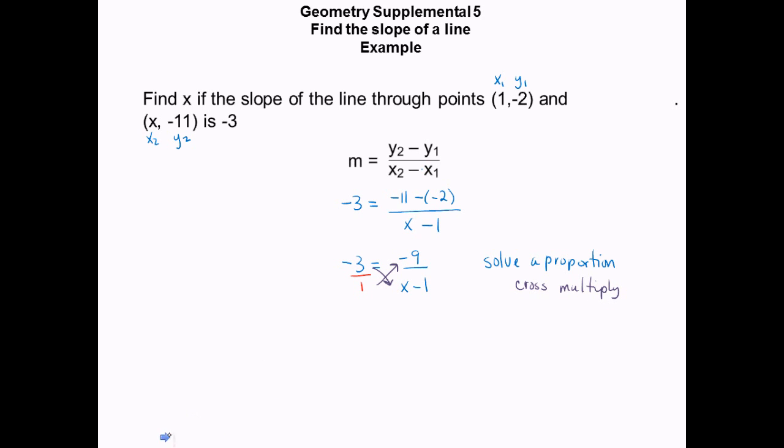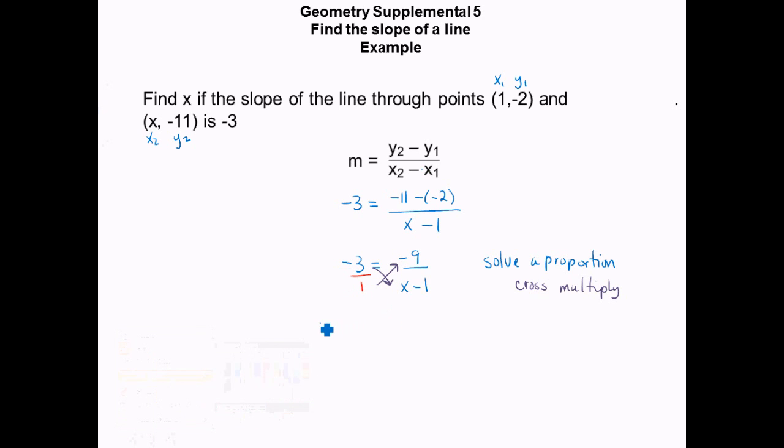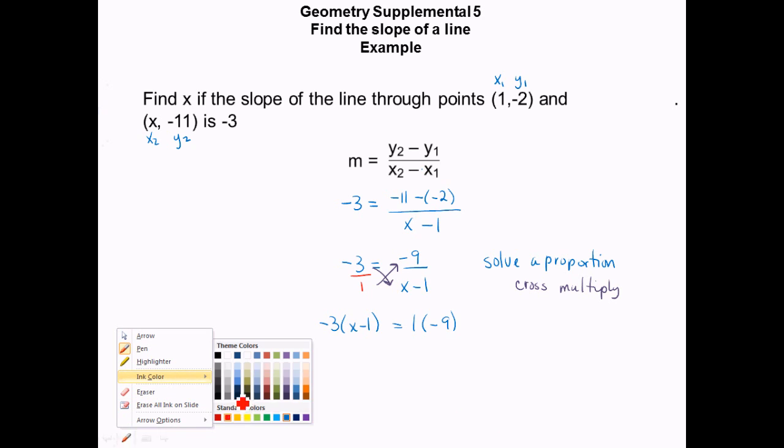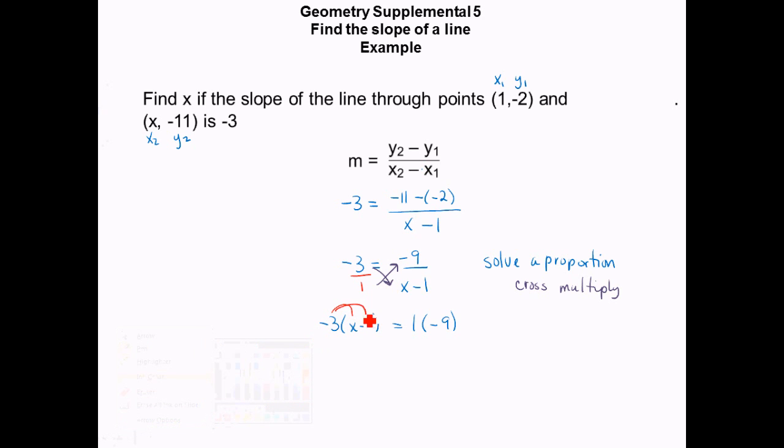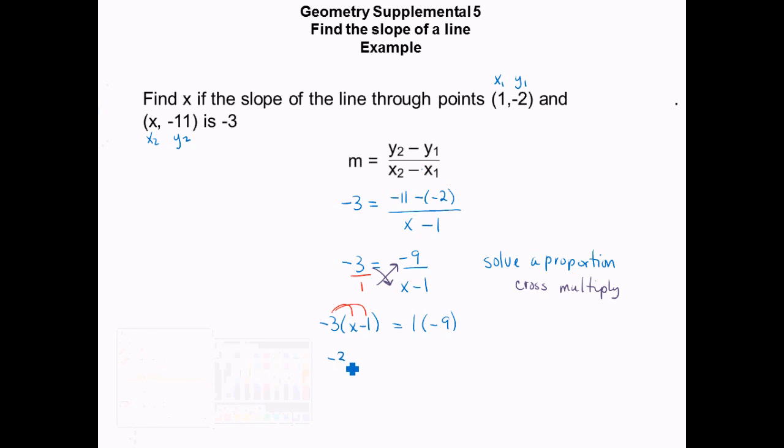So when I do that, I'm going to get negative 3 times x minus 1 is equal to 1 times negative 9. So I'm going to distribute this negative 3, which is going to be negative 3x plus 3 is equal to negative 9.